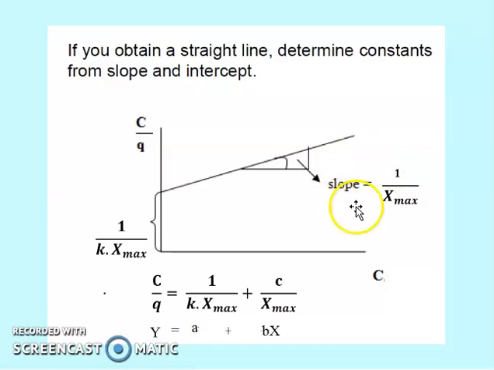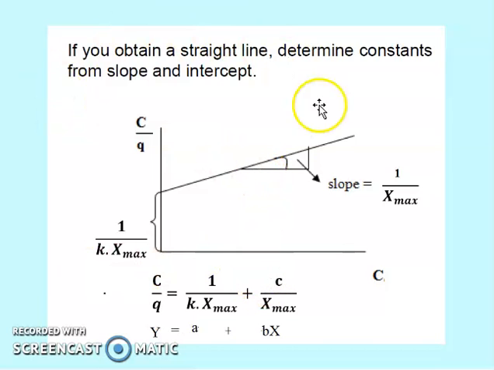If you obtain X max, then it's easy using this equation: 1 over K X max equals the intercept point. If the intercept is 9, then 1 over K multiplied by half equals 9, and it's easy to obtain K, the bonding energy.